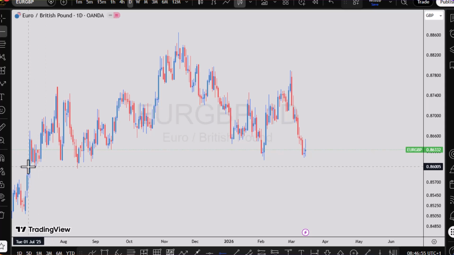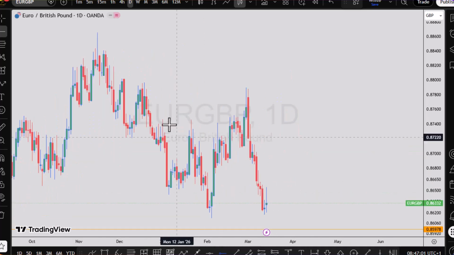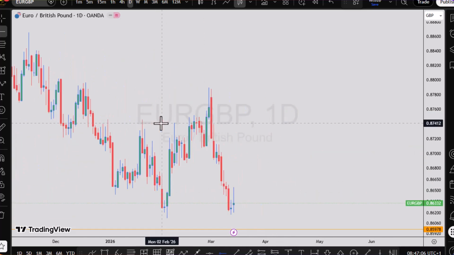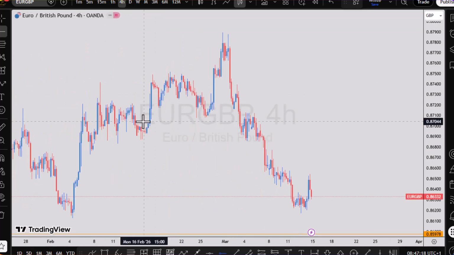We have a key level structure right here which was a support, and we have another level we broke out, these levels right here. So let's check on the 4-hour chart to see some internal swings. On the 4-hour chart we have some levels right here.